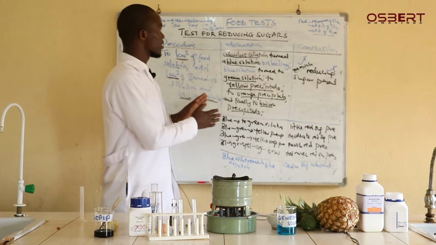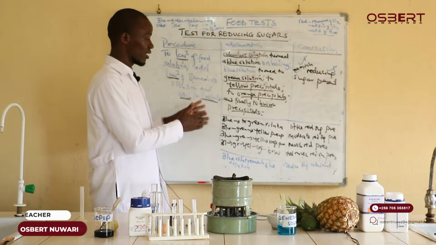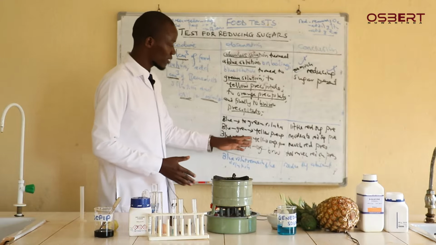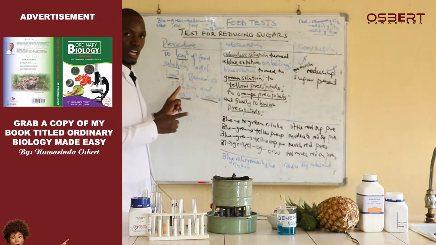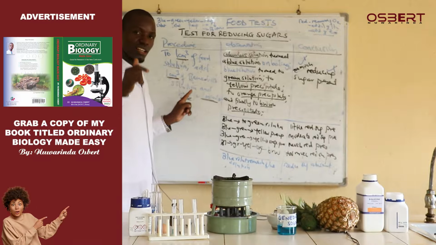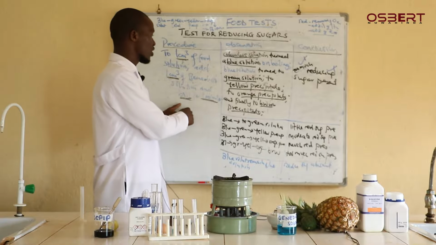So this is how we test for reducing sugars. This is how you make observations, and this is how you make the conclusions. This is how you write the procedure. However, when you're writing, you usually write these things yourself, so you turn this procedure into reported speech.